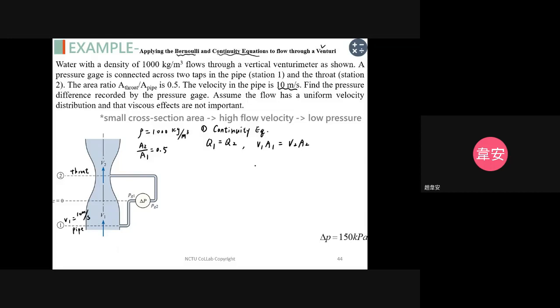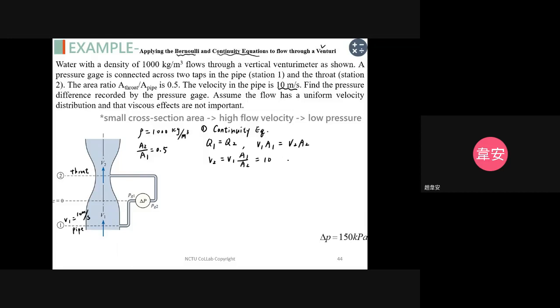We already know V1, so what is V2? V2 is equal to V1 multiplied by A1 divided by A2.